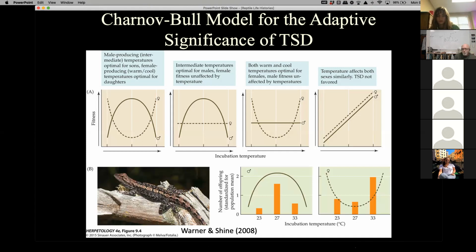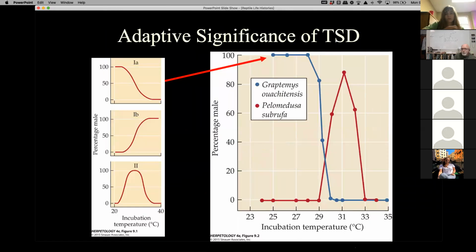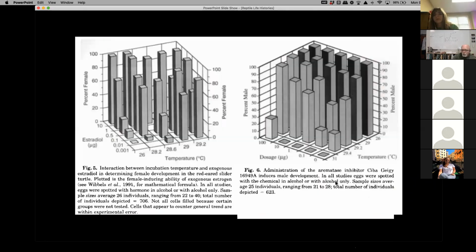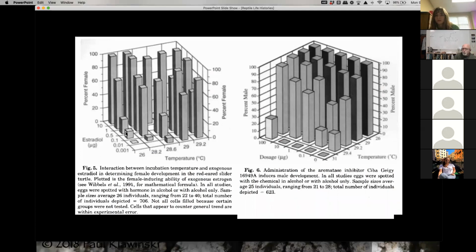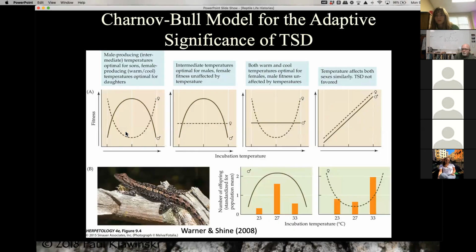So there are a number of practical challenges with doing this kind of work, which is why, in this particular study with Warner and Shine, they didn't attempt to do this with temperature. They incubated eggs at different temperatures, and then they did aromatase inhibitor and estradiol additions to produce males and females at temperatures where they normally wouldn't be producing males and females.